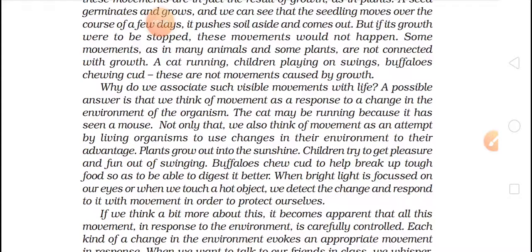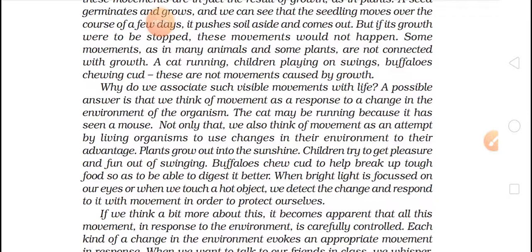Not only that, we also think of movement as an attempt by living organisms to use changes in the environment to their advantage. Plants grow out into the sunshine. Children try to get pleasure and fun out of swinging. Buffaloes chew cud to help break up tough food so as to be able to digest it better.